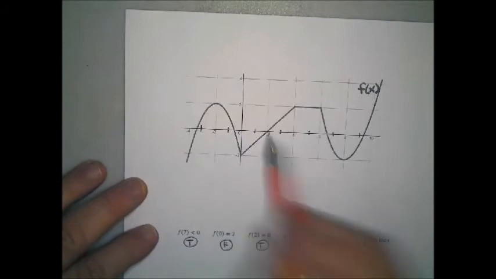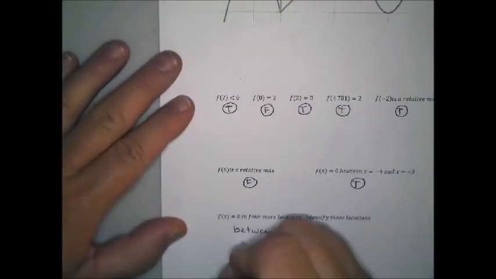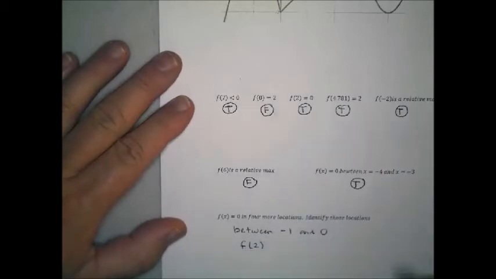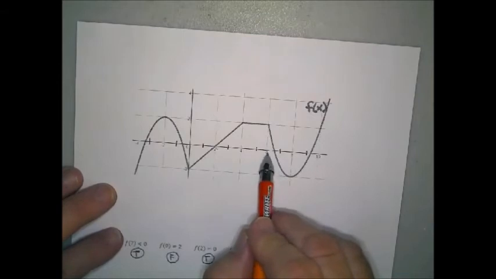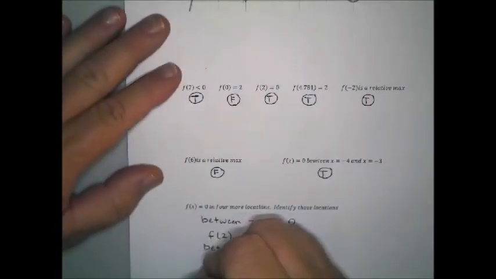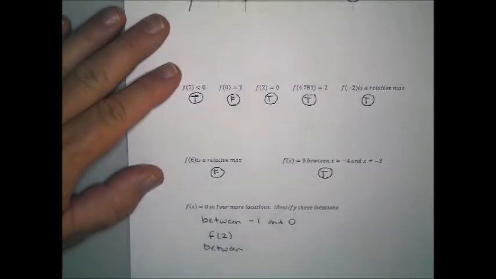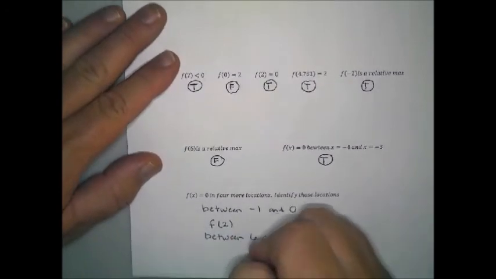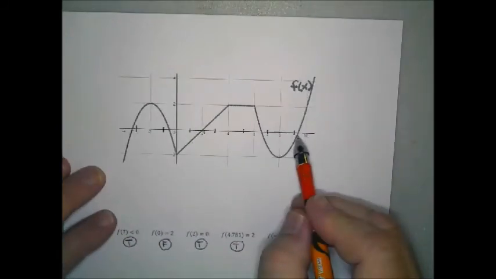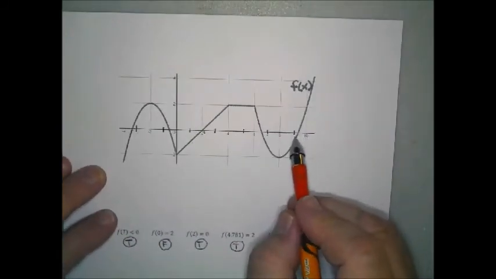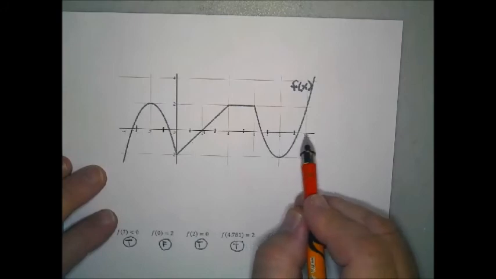It looks like right at f of 2. This one, between 6 and 7. And then it looks like this last one right here, between x equals 9 and 10.